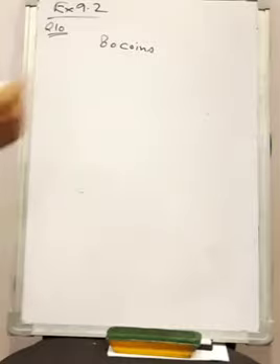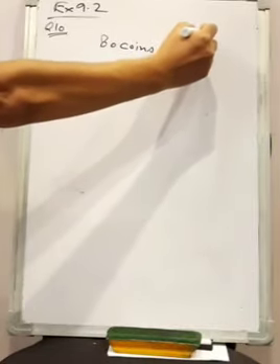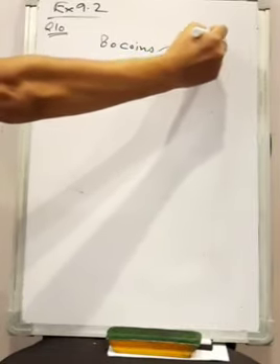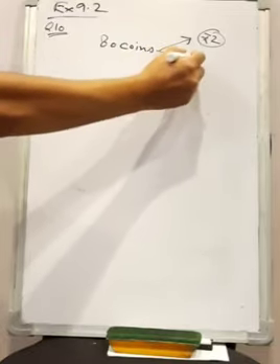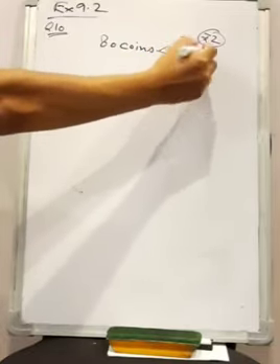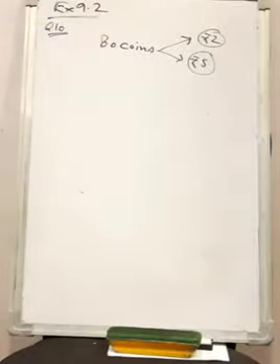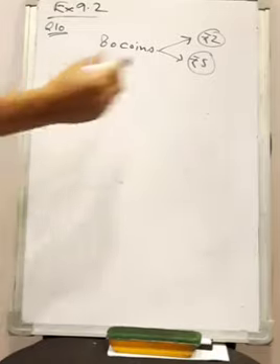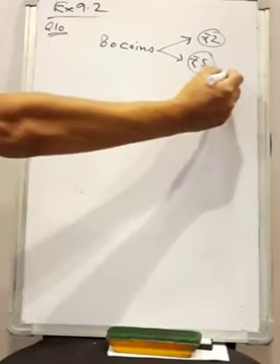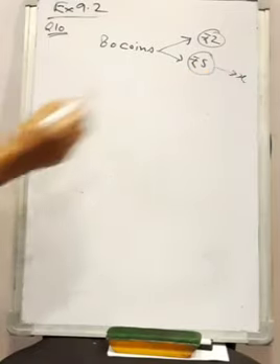Now out of 80 coins, some are rupee 2 coins and some are rupee 5 coins. These are the coins, right? Now they are asking how many coins are of rupees 5. So let this number of coins be x.